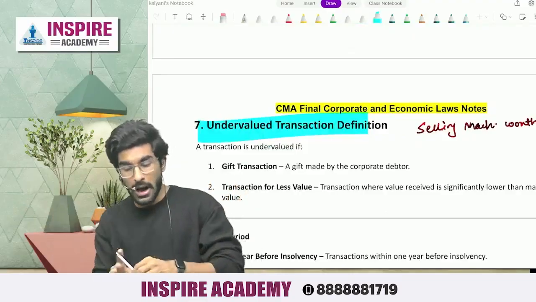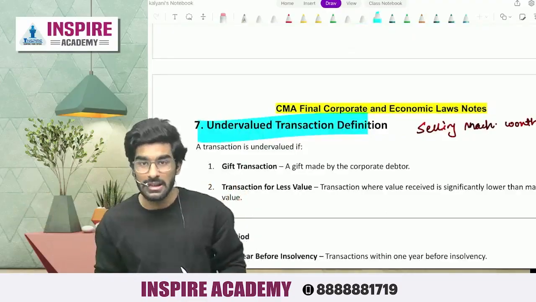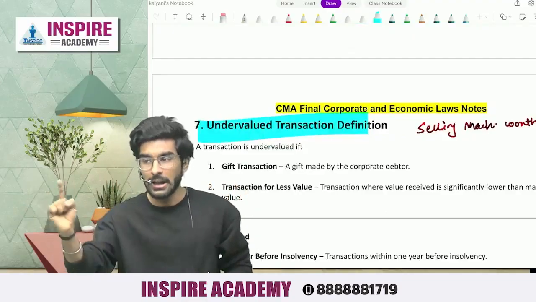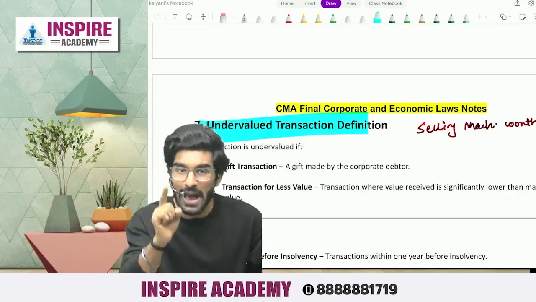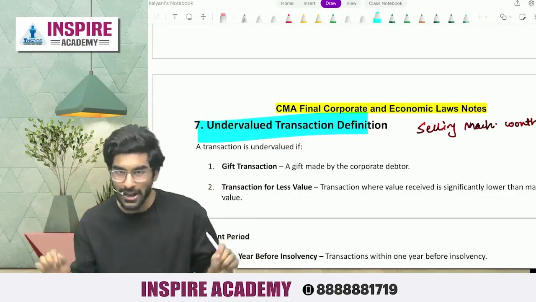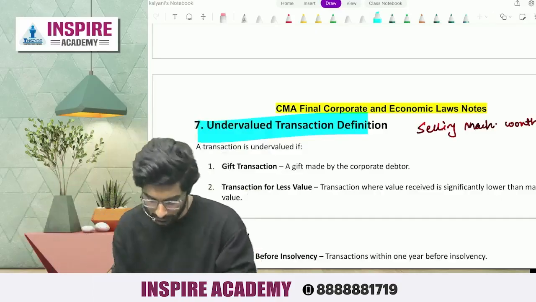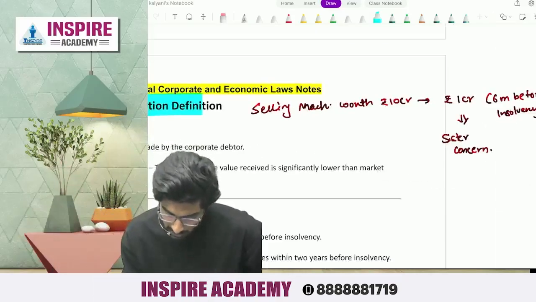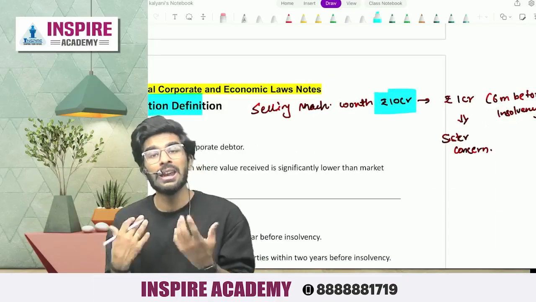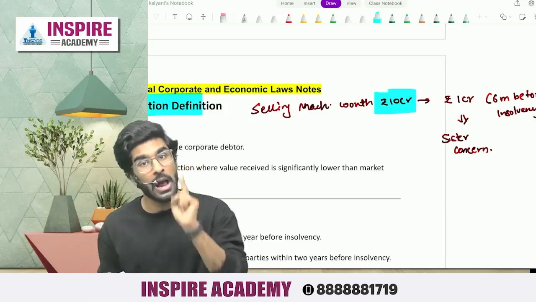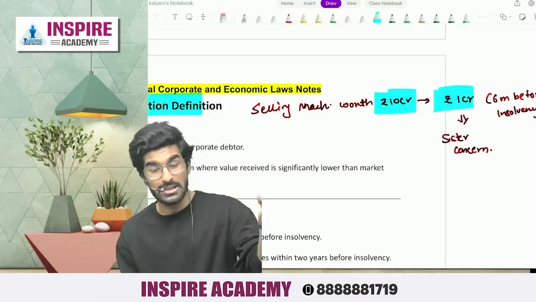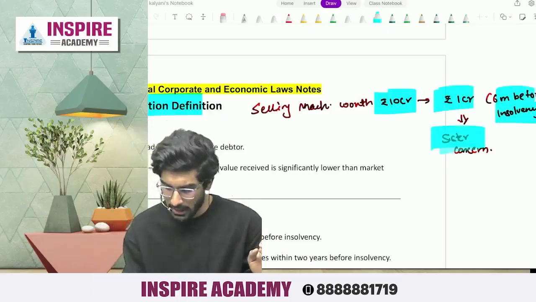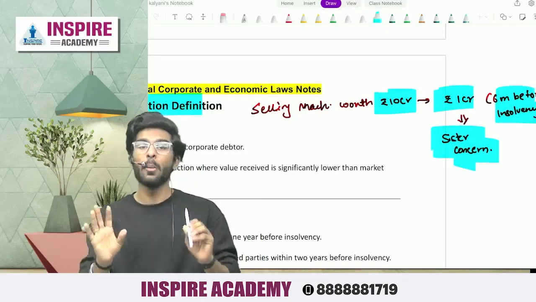You are underselling your assets for a very low value, so that creditors cannot get maximum value from your assets. That is called an undervalued transaction. If you are selling machinery worth 10 crores for 1 crore, 6 months before insolvency, it is called an undervalued transaction.